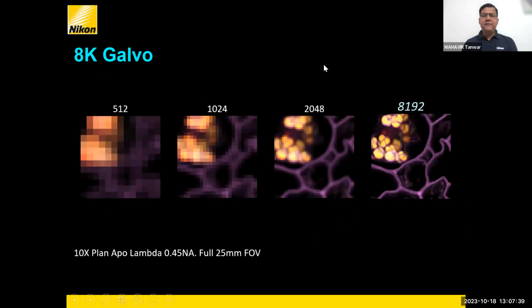If you see from left to right, if I zoom into that particular area, with respect to 8K resolution, of course 8K is much clearer, because I have captured at a very high resolution of 64 million pixels, and my system is capable of satisfying the Nyquist when I zoom digitally. So the image on the extreme right is much better as compared to the 512, because enough pixels were not there in 512. When we zoom it digitally, it pixelates. So this is the difference.